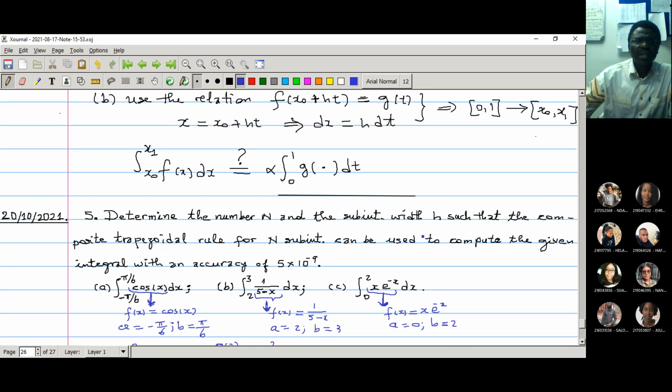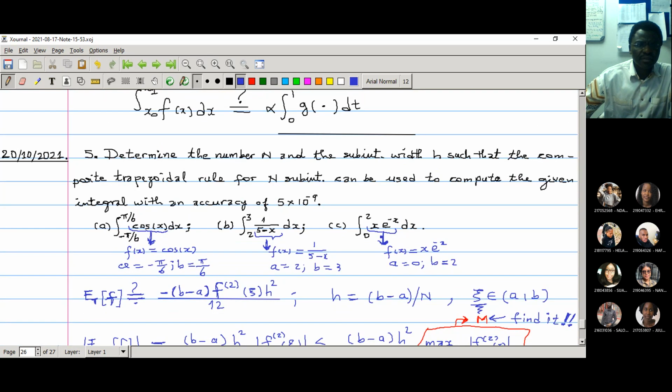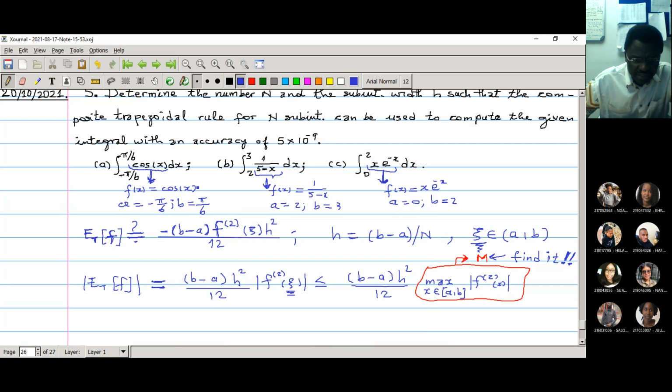Okay, so now let us come back to this. This is our function. We have the cosine, we have this one, and we have that one. The way I will approach each one will be different, because the cosine function oscillates, right? So it is not a monotonic function.